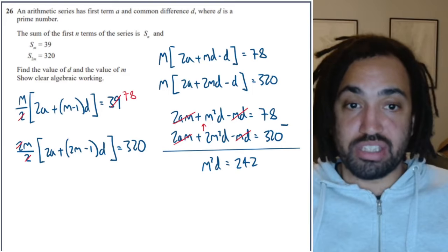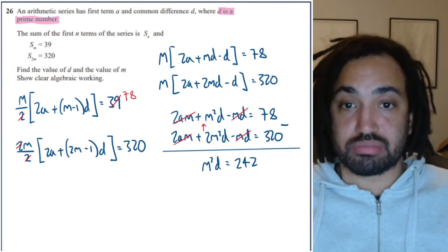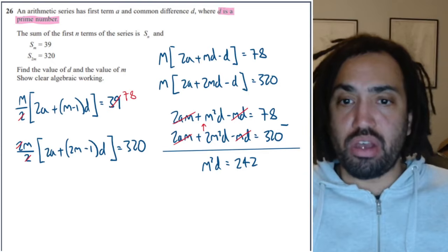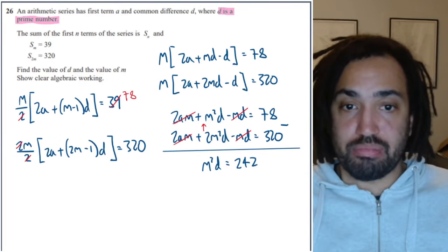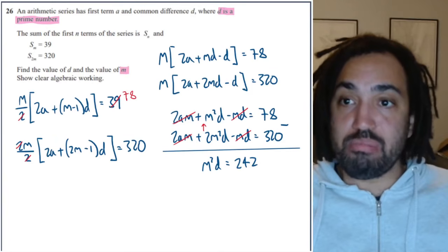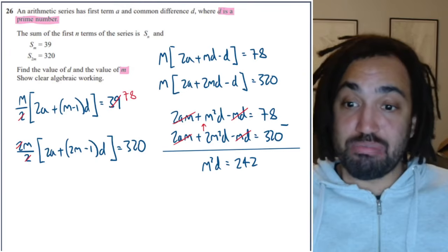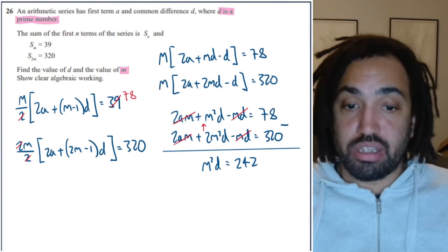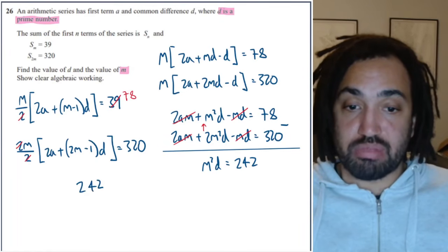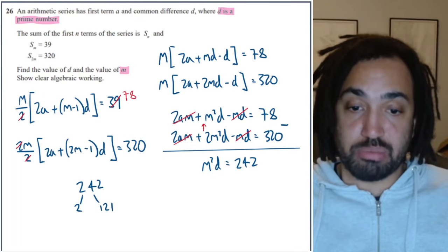Well, we need to use this bit of information, that D is a prime number. And also, we know that M is a position in the sequence, so M must be a whole number. So in fact, M and D must be whole numbers. So let's split this number up into its prime factors, because we know there must be integers.